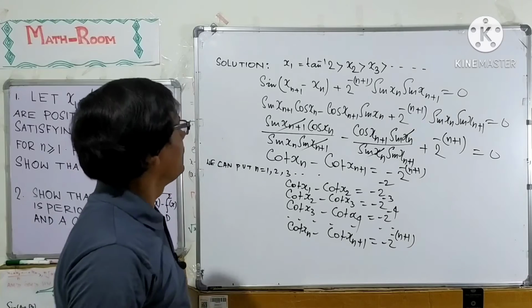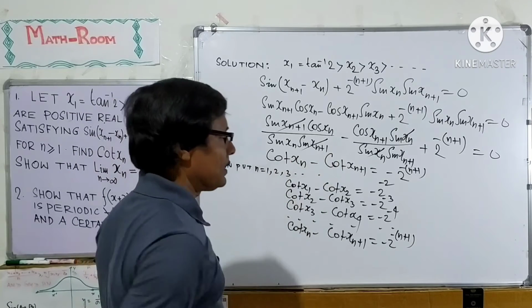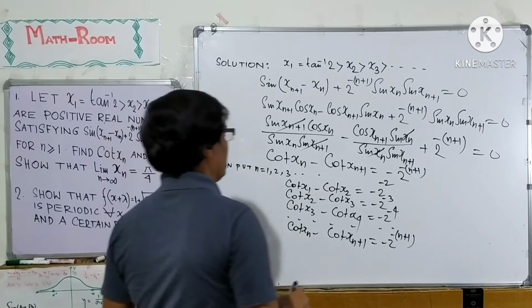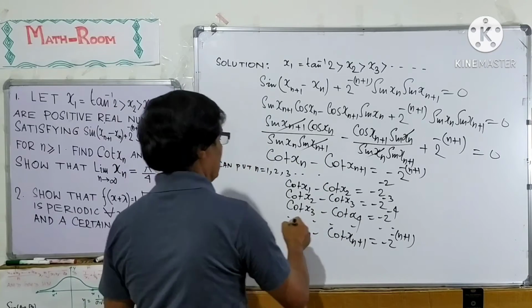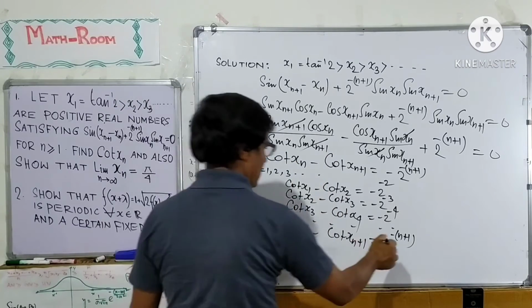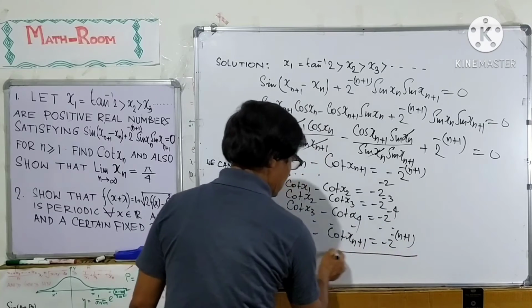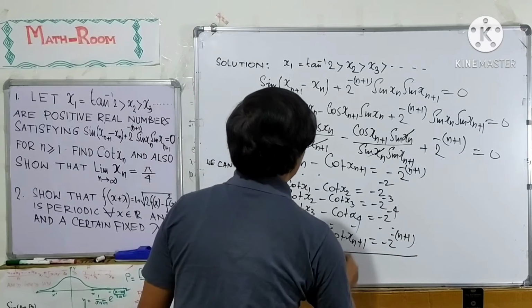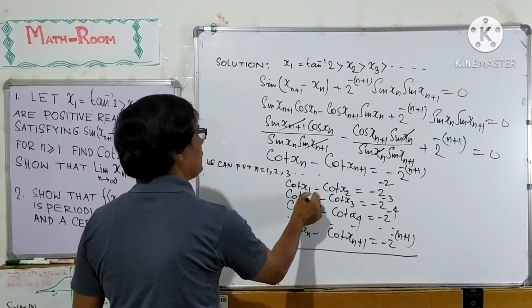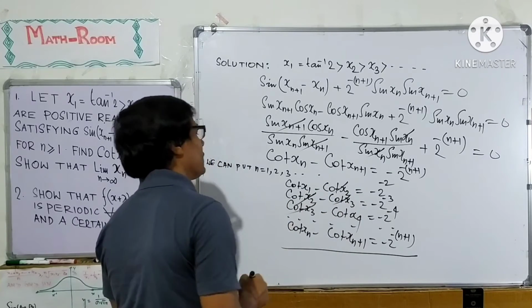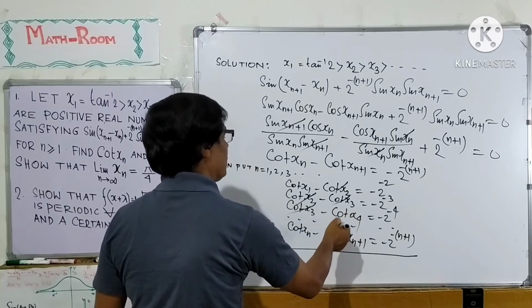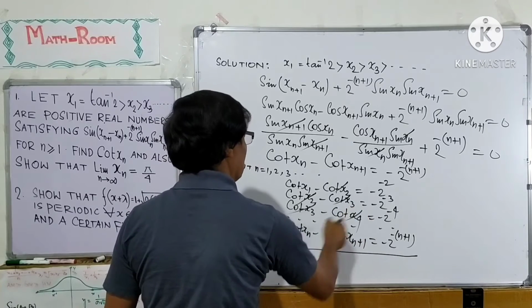These are the relations which are derived from this recurrence relation, and if we sum up these relations, many terms are cancelled out. cot x2 cancelled out, cot x3 cancelled out, cot x4 also cancelled out.